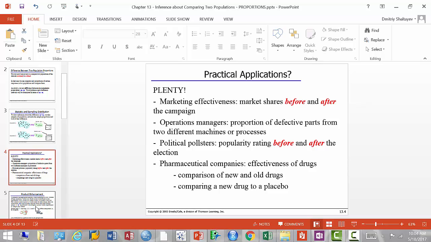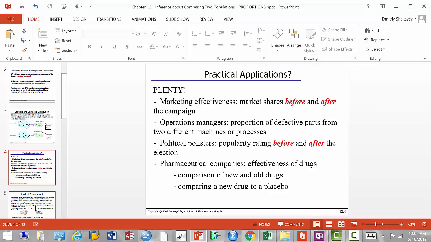There are a lot of applications actually, and one of the problems that I assigned today for the homework deals with exactly this type of scenario. For the homework, I'm going to assign the problem when the operations manager wants to buy a new machine, for example, to manufacture details or parts, okay? Some parts are defective, some parts are good.